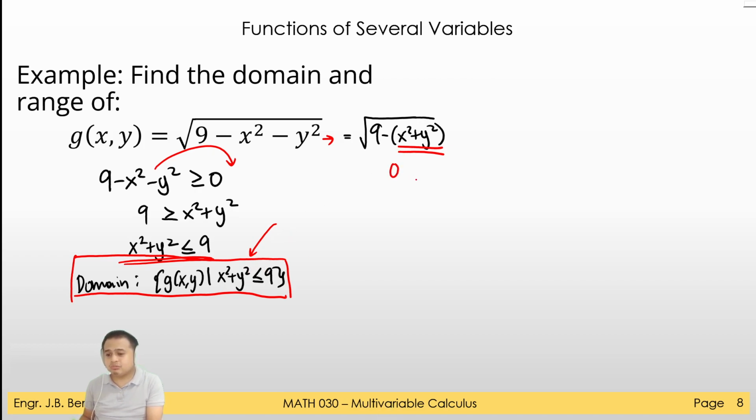I think you can also do negative, but we know that this will never be negative, right? So x squared plus y squared, we have to add another condition here: this should be greater than or equal to 0. Anyway, it is understood here.